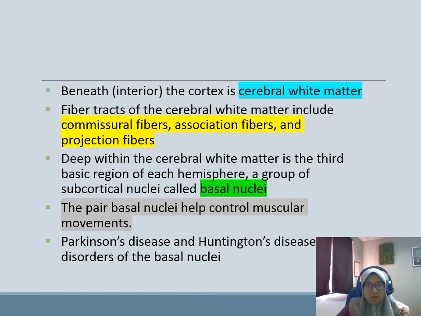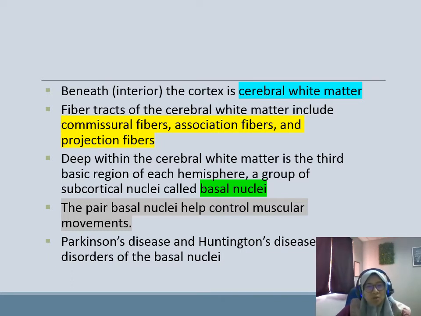Inside the cerebral white matter, it has commissural fibers, association fibers, and projection fibers. These are not so important, because the important part is the deep region inside the cerebral white matter, which we call the basal nuclei.